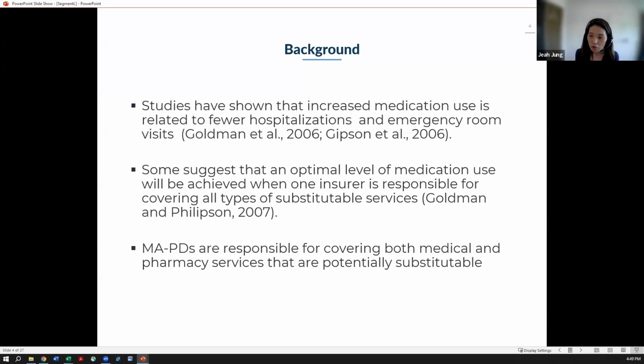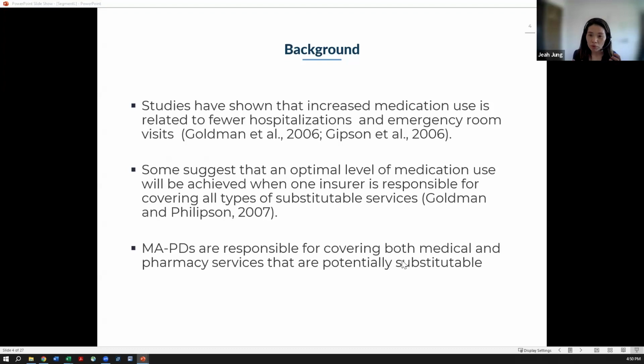We know that the literature has shown that increased medication use, or simply increased medication adherence, matters. Why do we want to promote improving medication adherence? Because when patients have better medication adherence, down the road they tend to have fewer hospitalizations and less use of emergency rooms. So what does this mean?